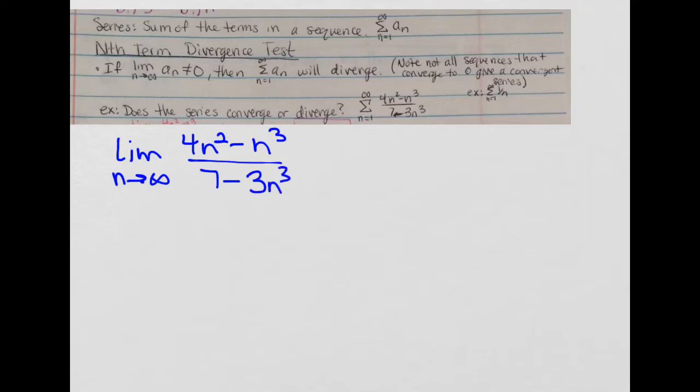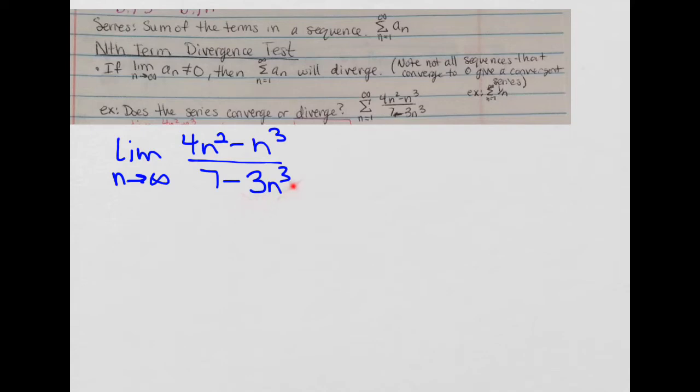So we're going to use that rule to say whether this series converges or diverges. We take the limit as n approaches infinity of the sequence within the series, to see what those terms are approaching as we go out an infinite amount of terms. If you recall our limit rules, taking the limit as n approaches infinity is like finding a horizontal tangent line.